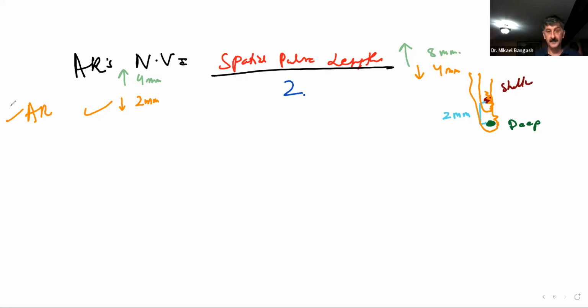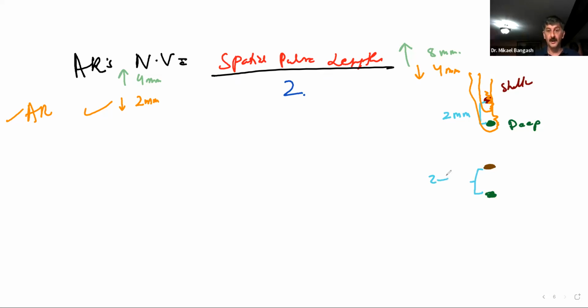Whereas, let's say, the same structures, and the same distance here, which was 2 millimeters.